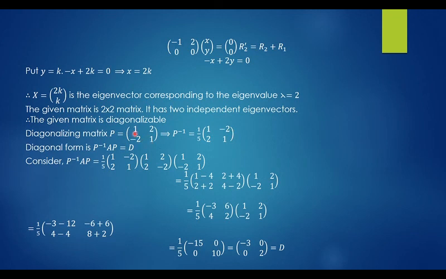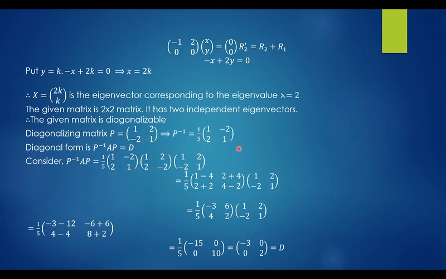It is the product of principal diagonal elements minus the product of the other diagonal elements. So, 1 minus of minus 4 becomes plus 4. So, 1 plus 4 is 5. So, the determinant of P is 5.